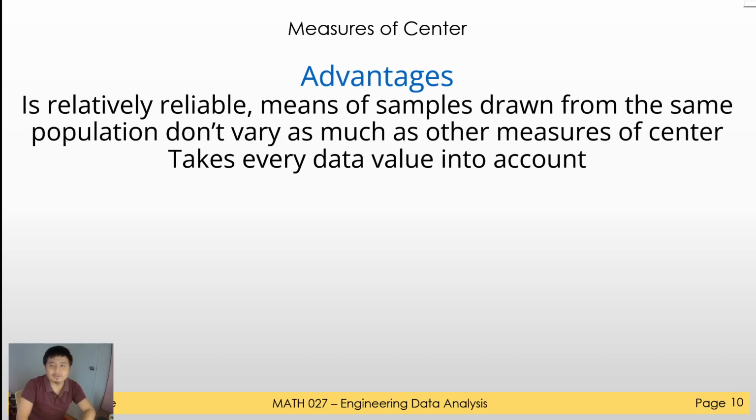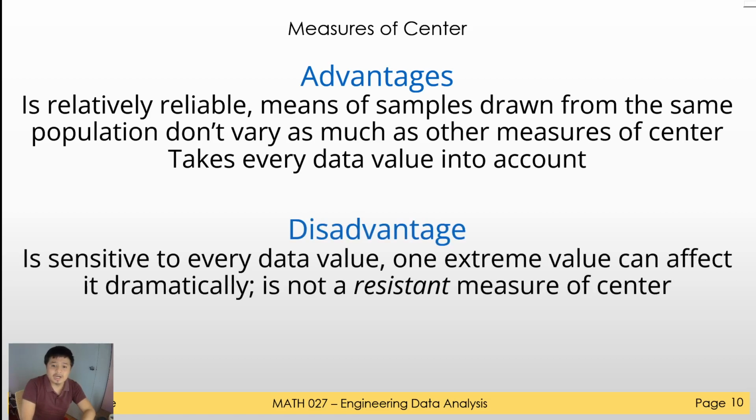We have a reliable way to measure the average. But the problem here is that some extreme values can largely affect our mean. If you have a very large number compared to your average, the mean will get higher, so there will be an imbalance in the data set.